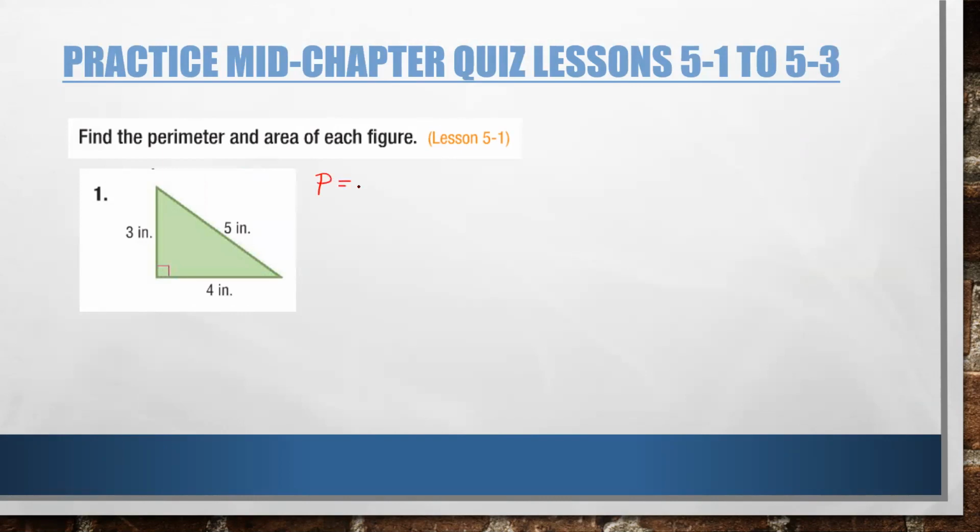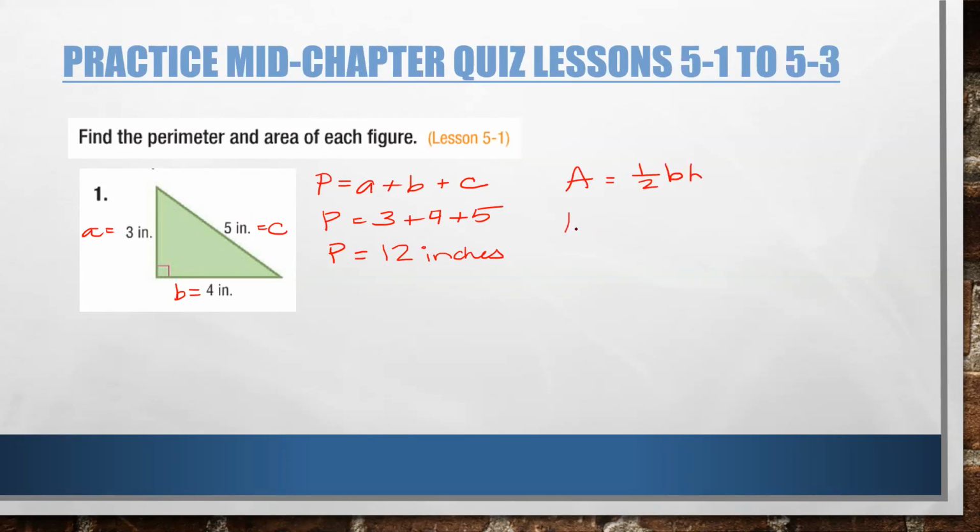So for perimeter, remember the formula was A plus B plus C. We'll call this A, we'll call this B, and we'll call this C. So this would be 3 plus 4 plus 5. When you add all that together, you get 12 inches, okay? And then for area, that formula is half of the base times the height.